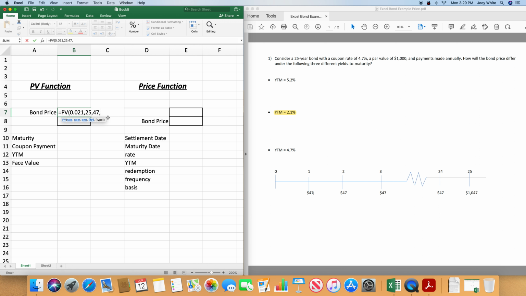Now, here's the tricky thing. This isn't quite an annuity. A bond has an annuity component, but it also has a lump sum component. So we have a payment of $47 each year, but because we also have this $1,000 lump sum, we actually also have a future value in this case. And the future value is just the par, so it's 1,000.